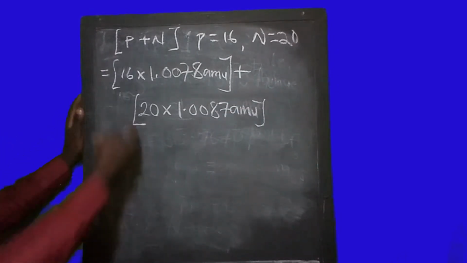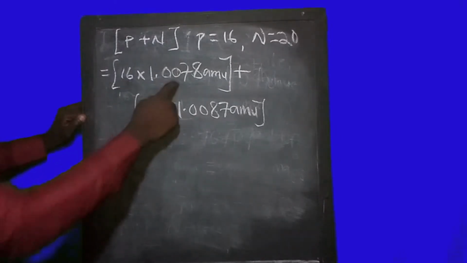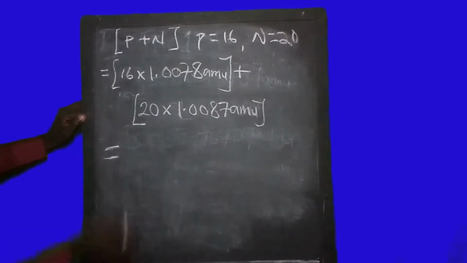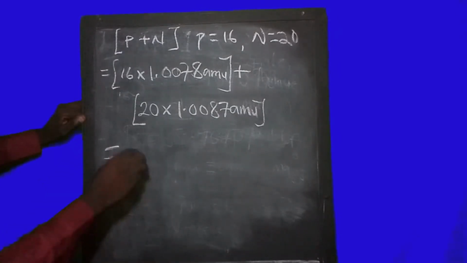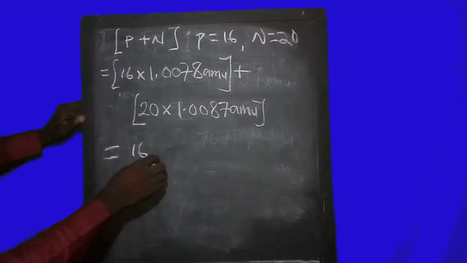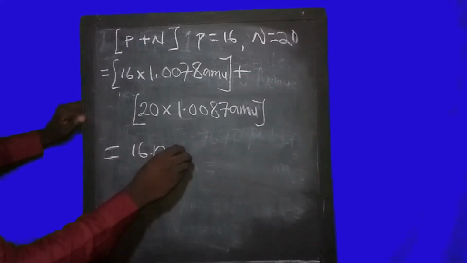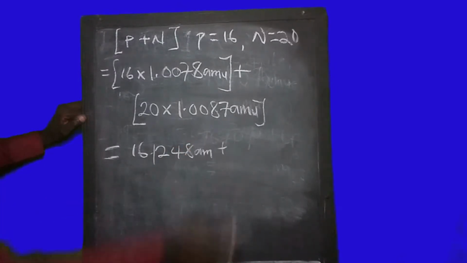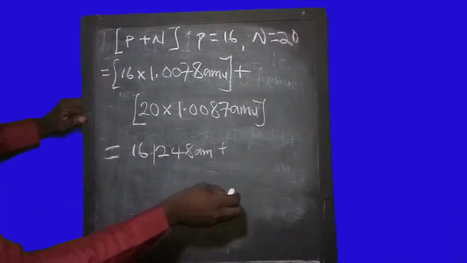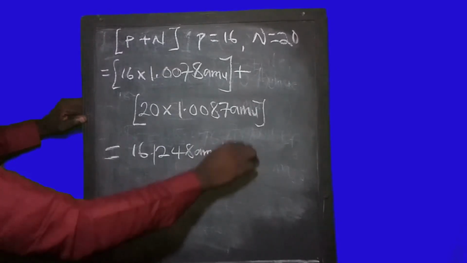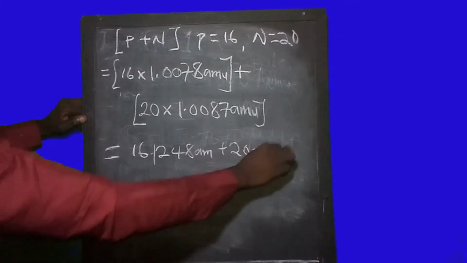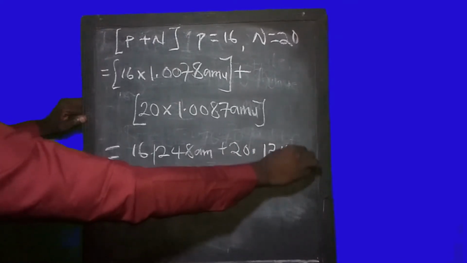Then when you multiply this by this and also this by this and sum them together, you are going to get something of this nature: 16.1248 AMU plus 20.174 AMU.